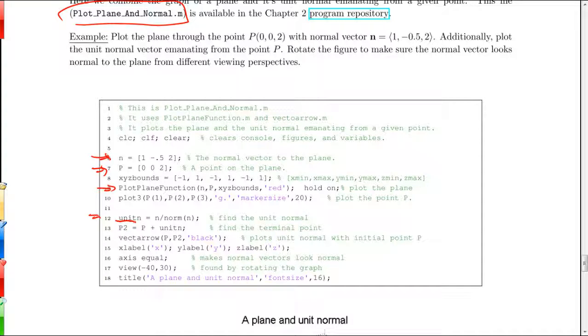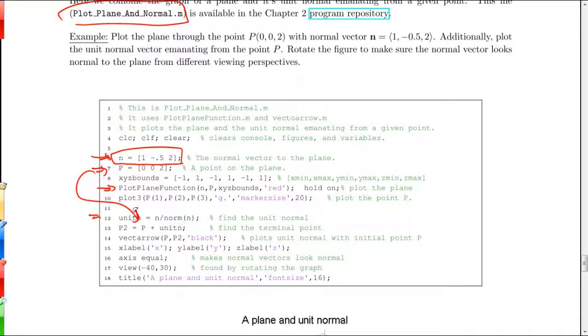Just in case my normal vector up here is huge, I don't want to plot it and throw everything out of scale. So I make it length 1, and then I start at my point P that I have from up here, and then I add my unit normal, and that'll give me a second point.